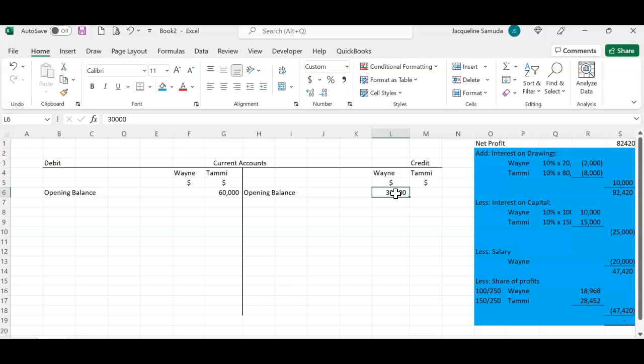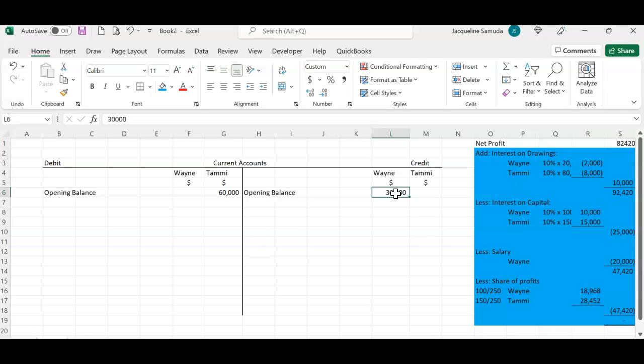So in this situation, the business owes Wayne money because Wayne is looked at as a creditor because his current account has a credit balance. Tammi, on the other hand, has a debit balance, just like the debtors. So it means that she owes the business $60,000 at the start of the year. Remember, these are opening balances, and these are the balances at the start of the year.